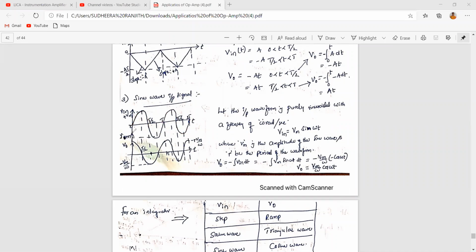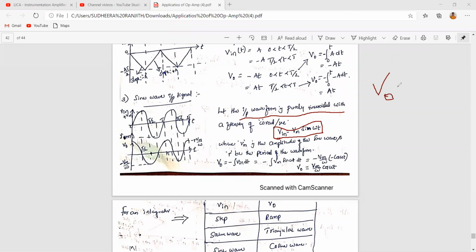The magnitude of the sine signal is plus Vm and minus Vm. So let us take a pure sinusoidal signal, which is Vin equal to Vm sin omega t, right?